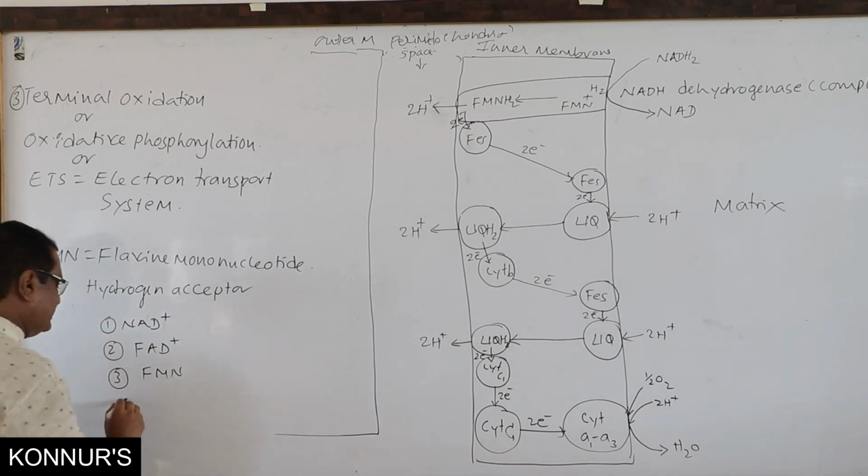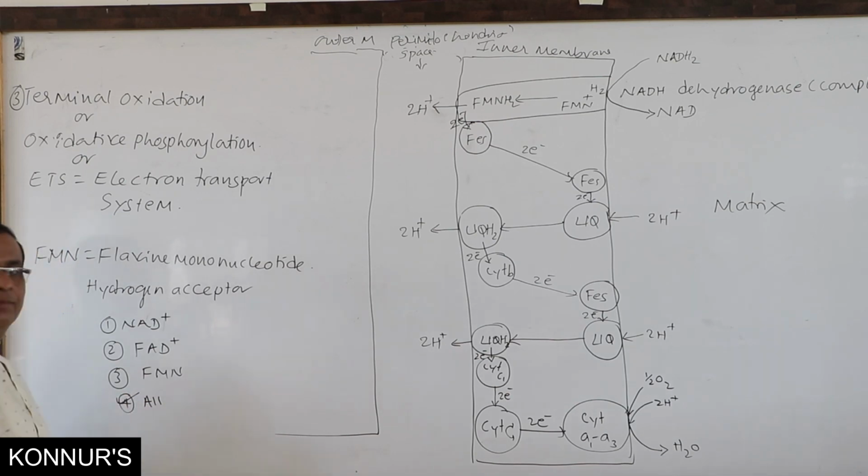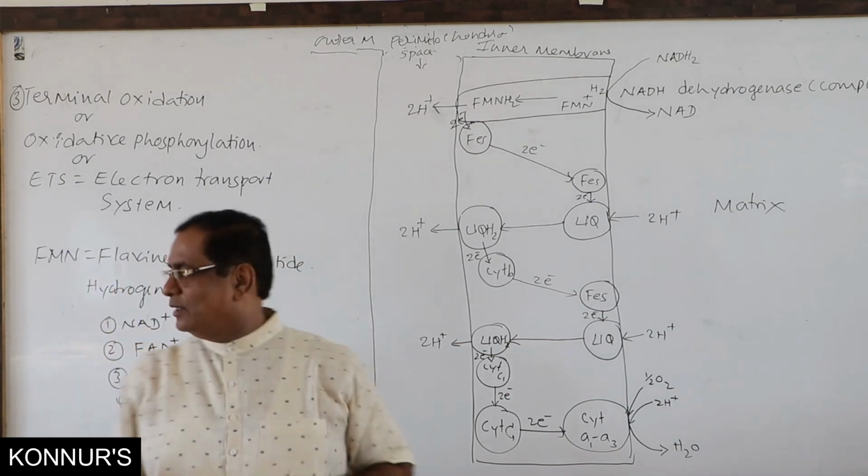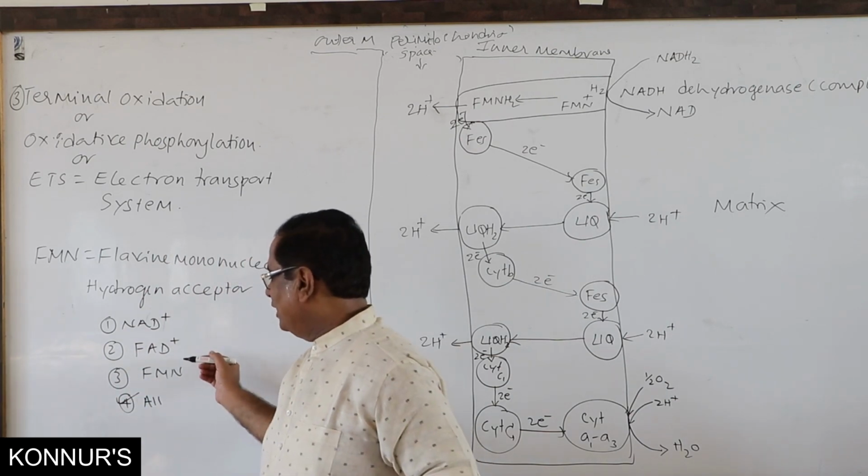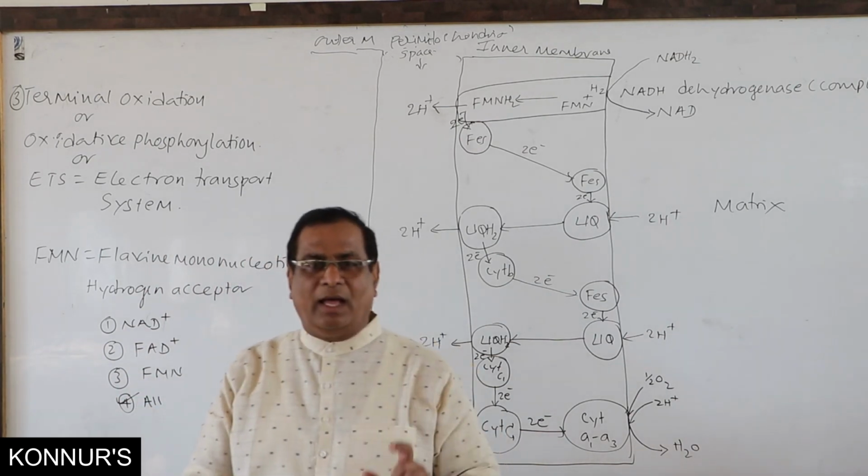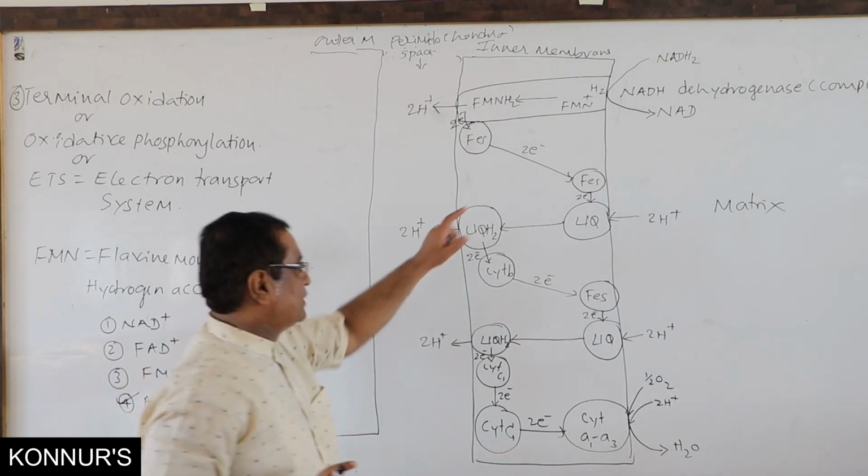The right answer is all of these. NAD plus, FAD plus and FMN are hydrogen acceptors.